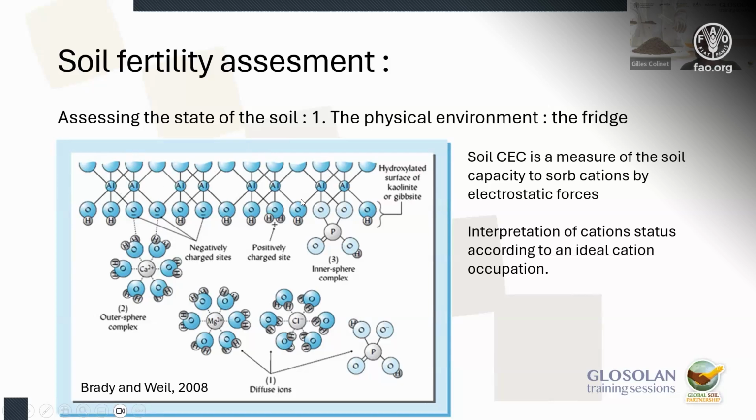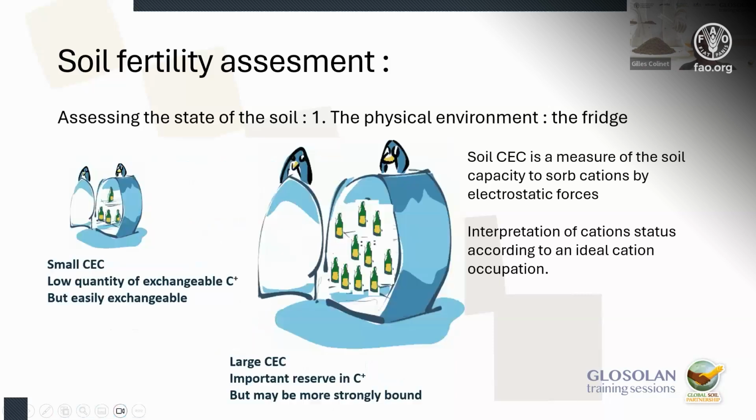And so there is a deficit of positive charge that creates a negative charge. So the whole structure here has a globally negative charge on which the cations can be temporarily sorbed. So this is generally the image of the fridge.